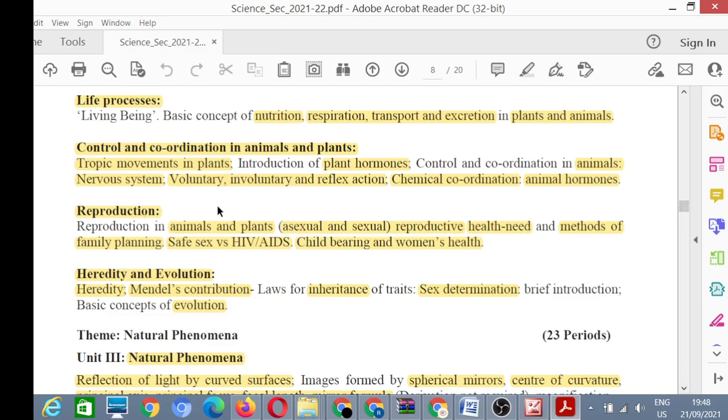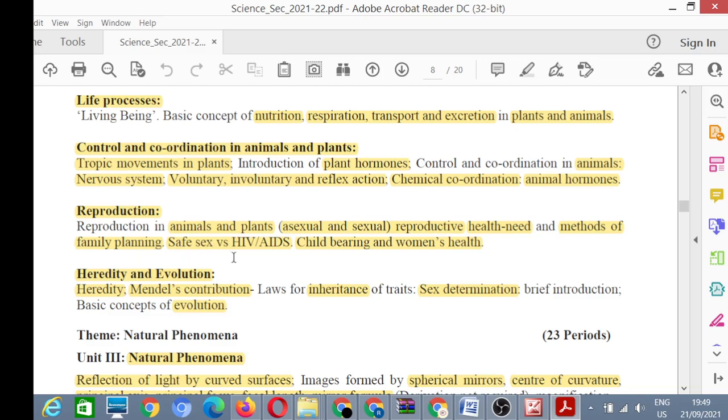The next chapter is reproduction. In reproduction, we will study reproduction in animals and plants, then types of reproduction, asexual and sexual. Then reproductive health of human beings. What is the need? Then what are the methods of family planning?